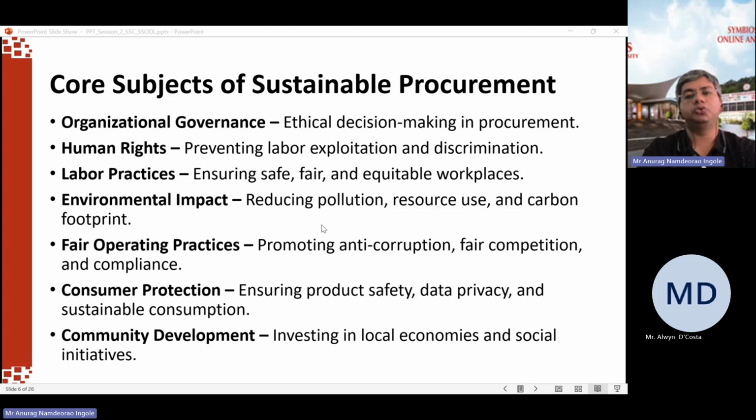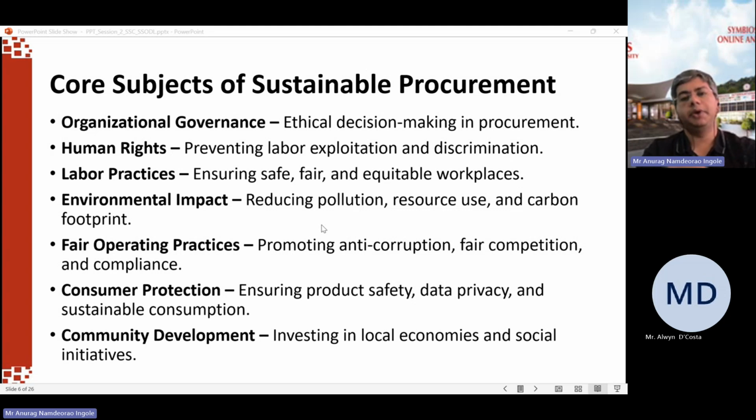Sometimes you see in the news that some kind of scam was there. The vendor to which this order was given was not fit for that particular tender, etc. But still it was given. So that is some part of unethical decision making. So in sustainable procurement, we have to ensure that ethical decision making is imbibed in your organizational governance structure.